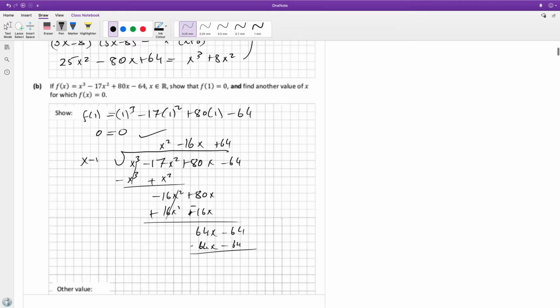Change the sign of our bottom line, minus and plus, gone. Out to the side you have x squared minus 16x plus 64, which is x minus 8 all squared, so x equal to 8, x equal to 8.